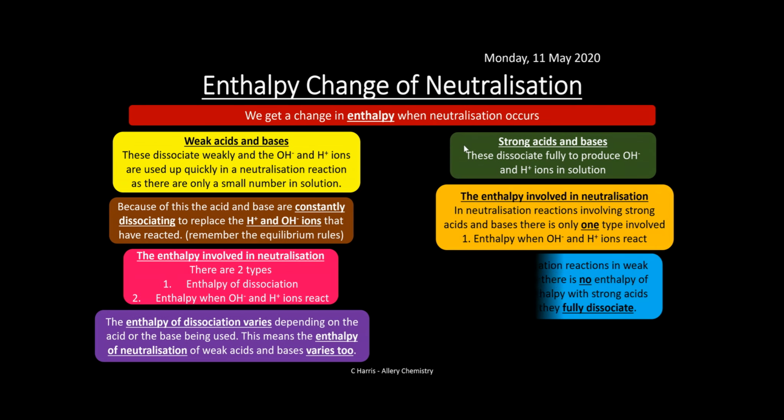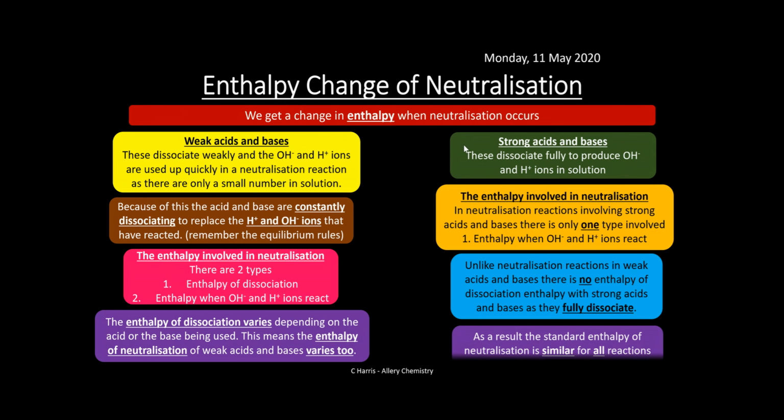Unlike weak acids and bases, there's no enthalpy of dissociation with strong acids and bases as they fully dissociate. So you've just got to remember that there's only one type here. As a result, the standard enthalpy of neutralisation is similar for all reactions of strong acids and bases. That's quite an important point.